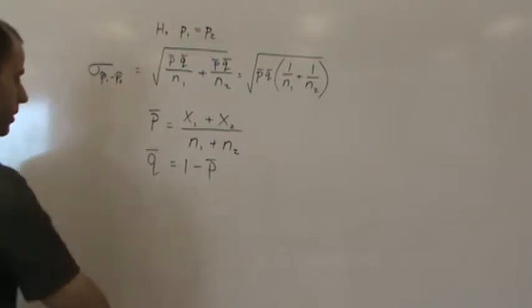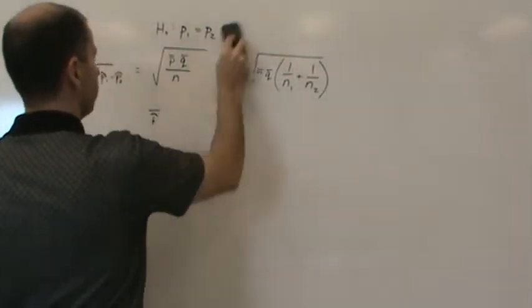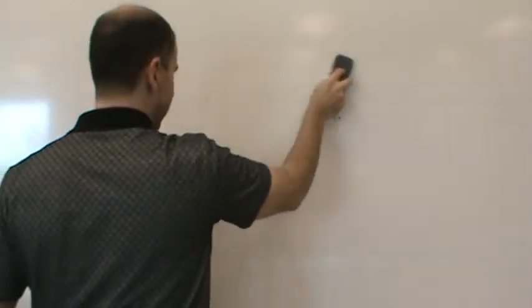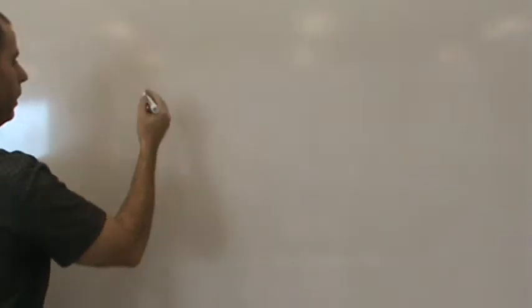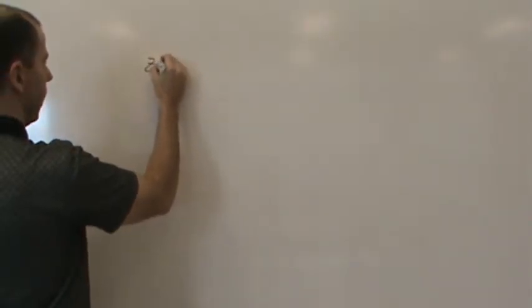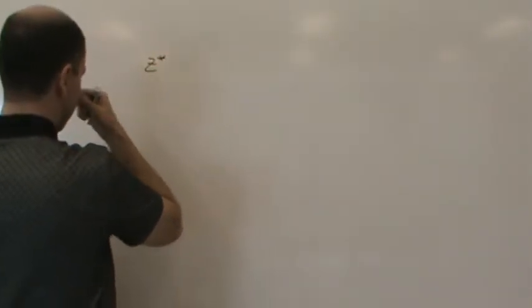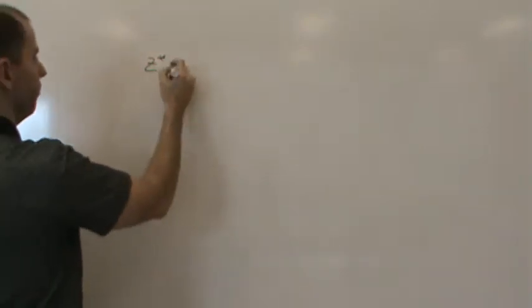Okay, so here's our test statistic. So now knowing that, here's what our resulting test statistic is going to become for the hypothesis test for the difference of proportions, right? So Z star is going to be this calculation.